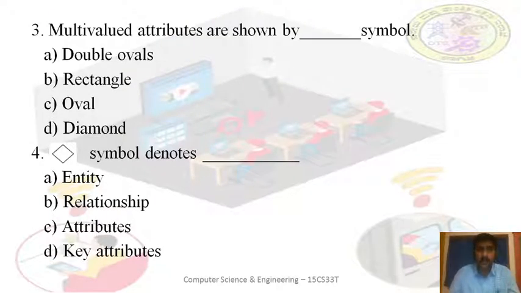Next question: multi-valued attributes are shown in a dash symbol: double oval, rectangle, oval, diamond. And this symbol denotes a dash: entity, relationship, attributes, key attributes.